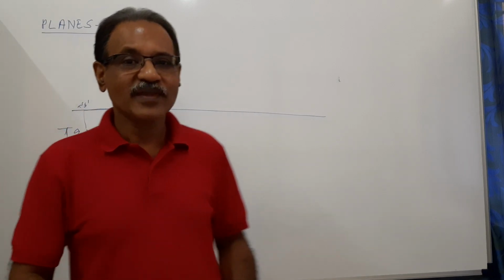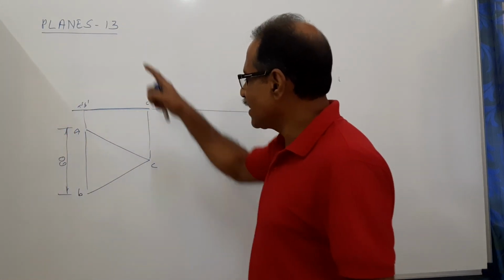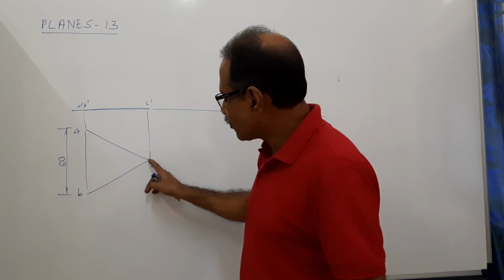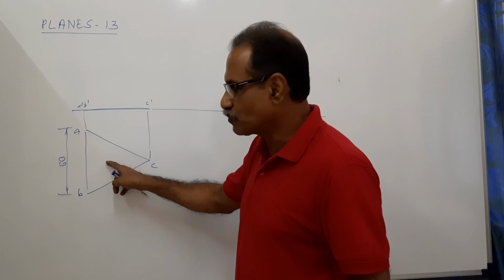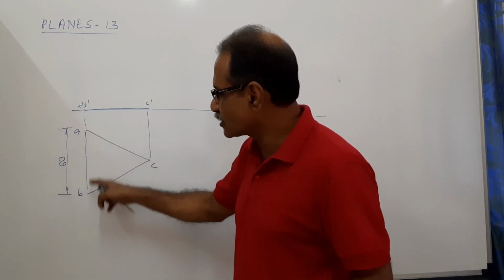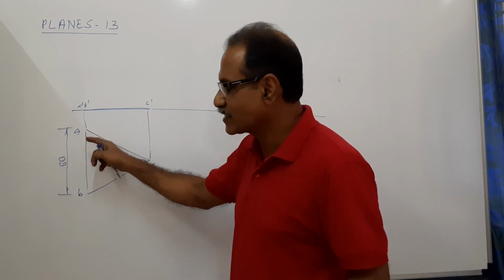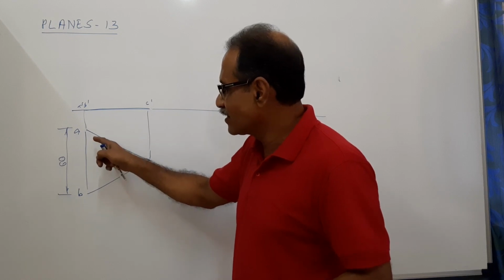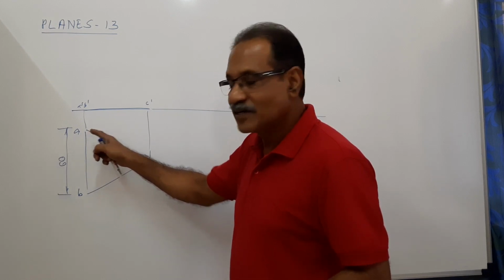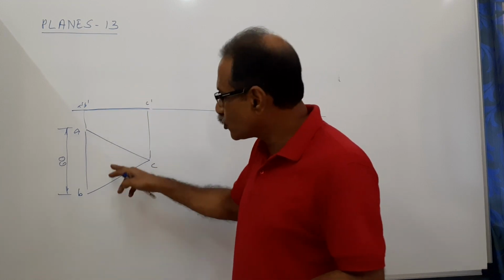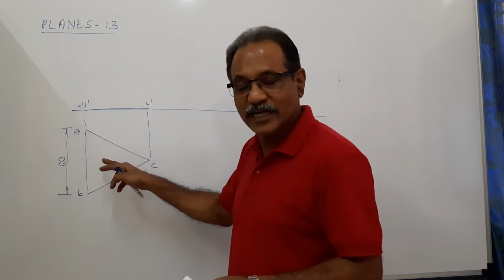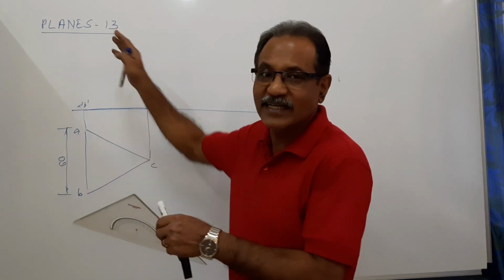Because when you lift C, the plan of C comes nearer and somewhere it stops so that this becomes an isosceles triangle with this as 30 degrees. That is when C is lifted to some particular angle. You don't know that angle, but you know the shape of the plan. So you can draw the plan and then get the elevation.